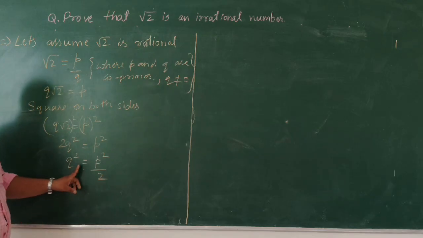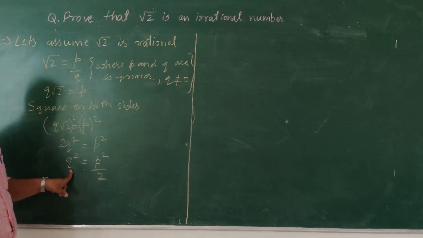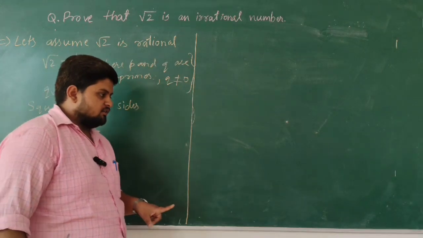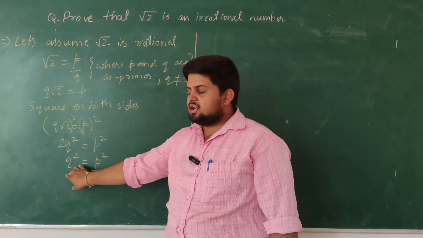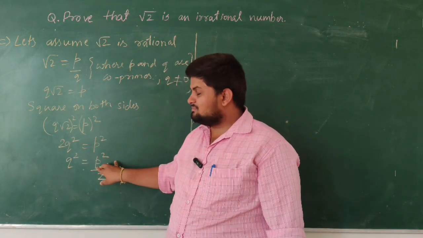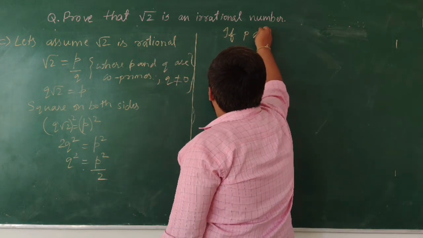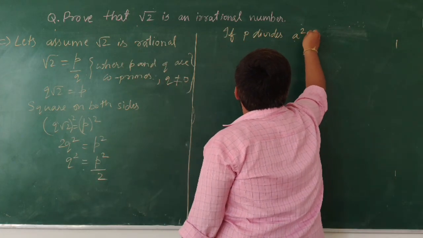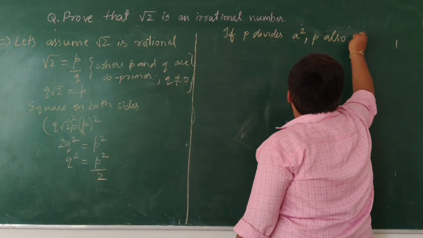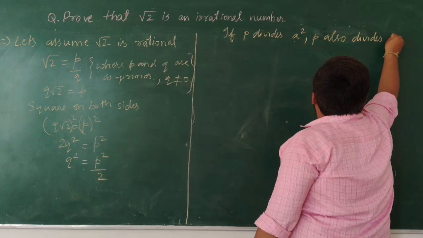Now we look here. When you are dividing P square by 2, you are getting Q square. That means, since we know P and Q both are integers, when you are dividing P square by 2, you are getting an integer. That means 2 divides P square. You remember we discussed in the last theorem which says if a prime number P divides a square, P also divides a.